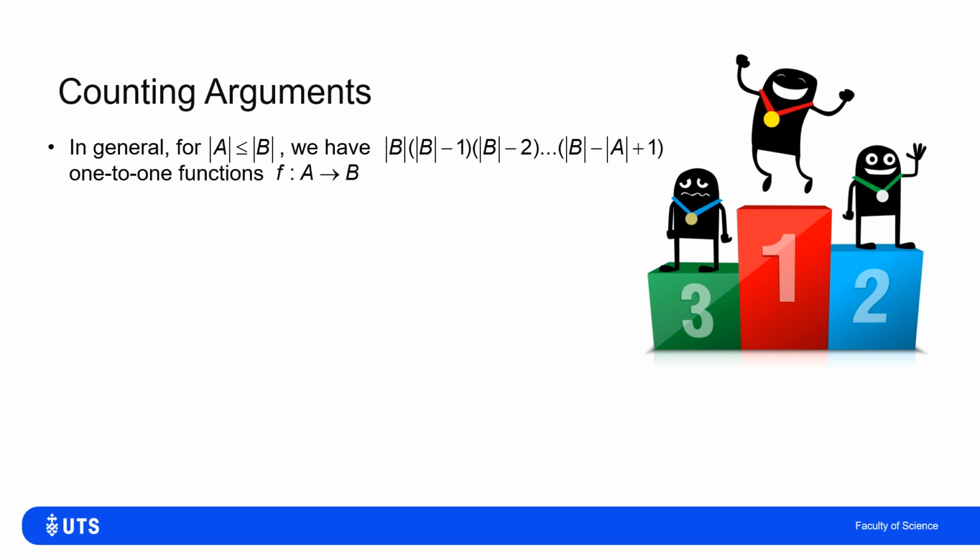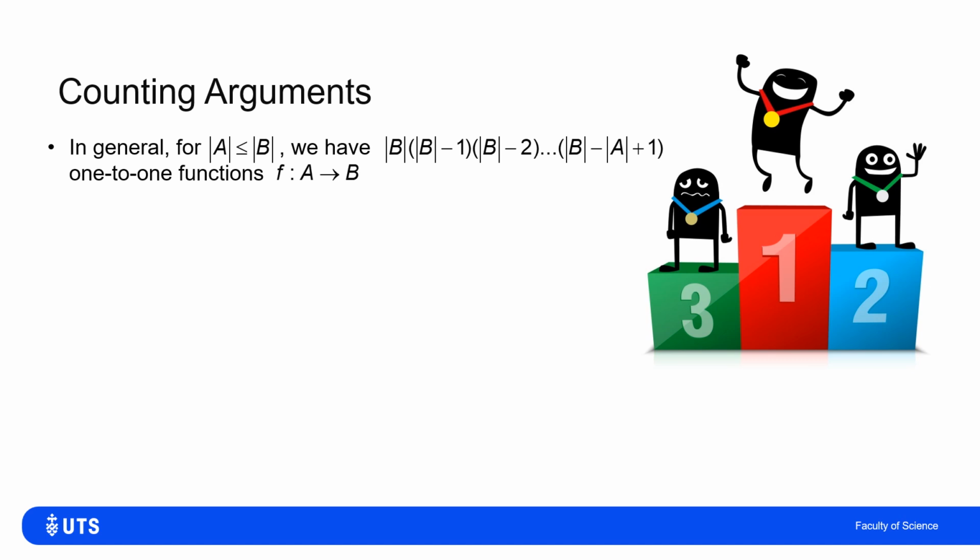So we'll assume that the cardinality of the set A is less than or equal to the cardinality of the set B. So the way I can assign the first element I wish to allocate, there are the cardinality of B ways of doing that. I can pick any element from B.